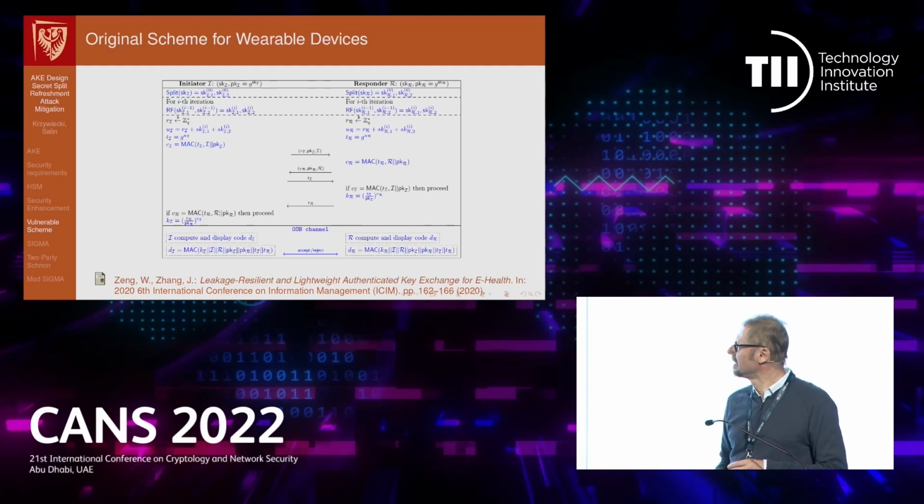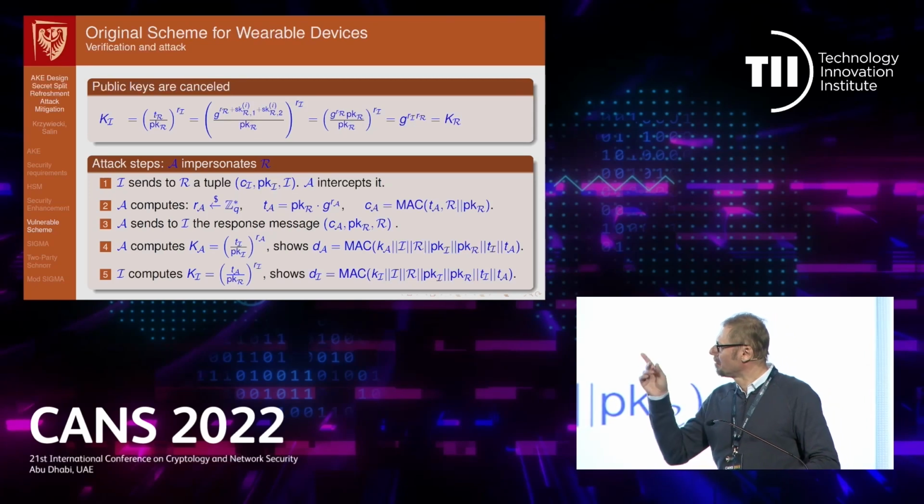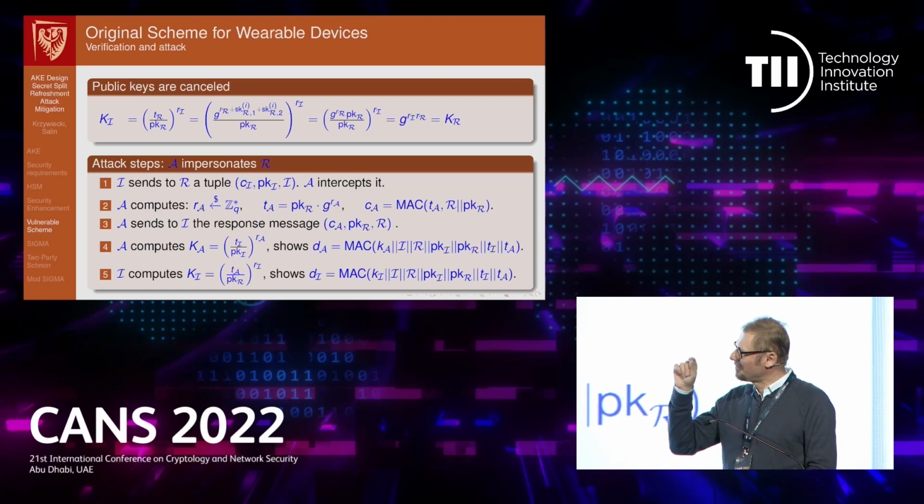And with this construction, we have a big problem. The problem comes when we look at how the verification works. So when the session key is computed by the initiator, for example, this is from the perspective of the initiator, it takes TR that is sent to its device from the responder, divides that by the public key, and then raises this to that ephemeral randomness.